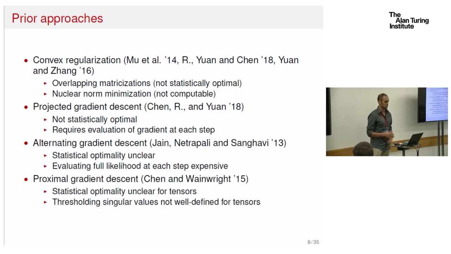In particular, nothing is really proven about whether this is statistically optimal or not, and there are challenges with evaluating the full likelihood for alternating gradient descent. I also mentioned that a number of things you can do for matrices, like thresholding singular values, you can't really do very easily for tensors. So a lot of these approaches run into challenges, and we'll compare to some of these right at the end.